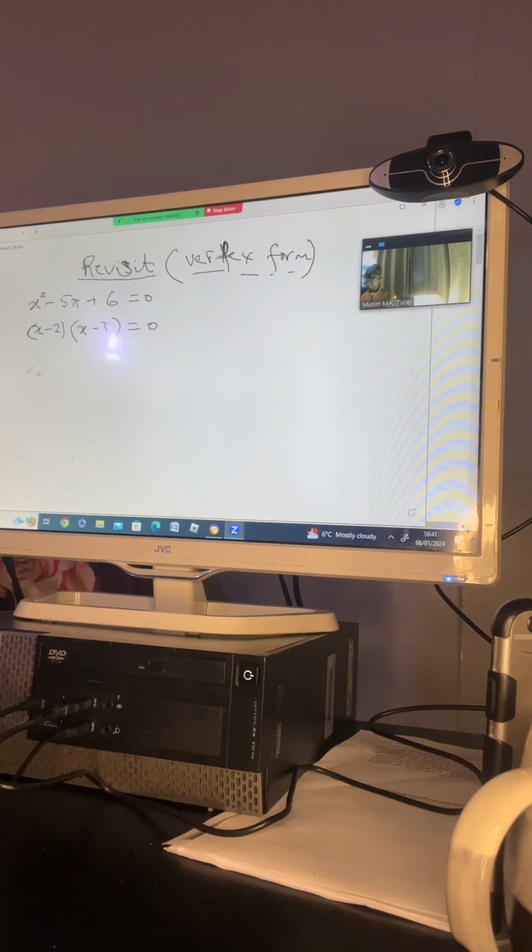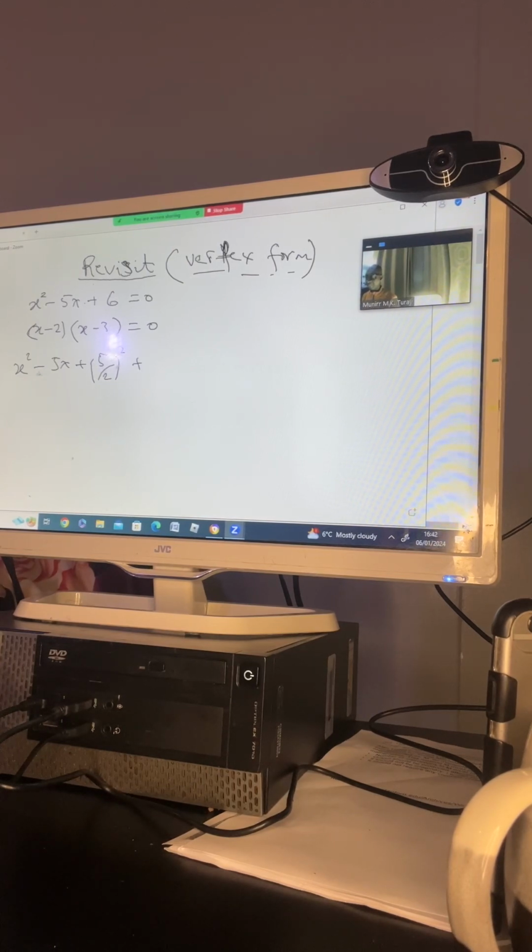So by doing that, you say x squared minus 5x, then you take half of the coefficient of x, which is 5 over 2, square it and add it to the equation. But then you have 6 here, it was 6, so you put your plus 6.